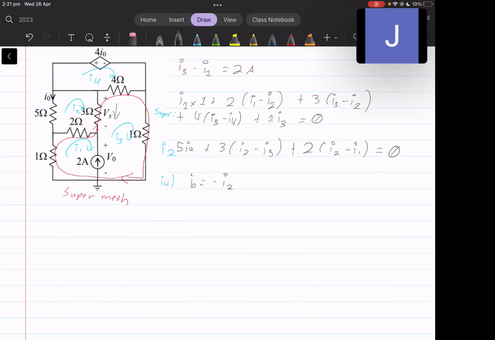And then we can just say, we would have 4i0 plus 4i4 minus i3, we assume plus minus there, is equal to 0.